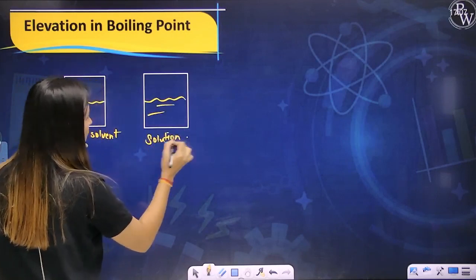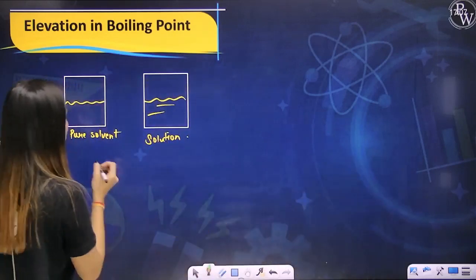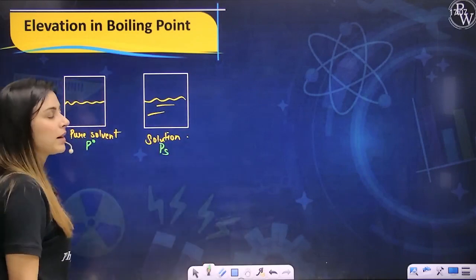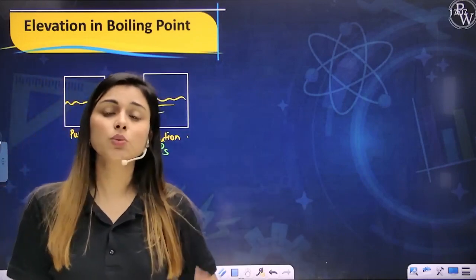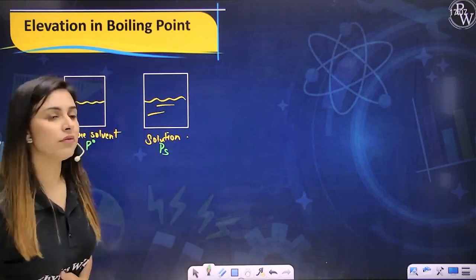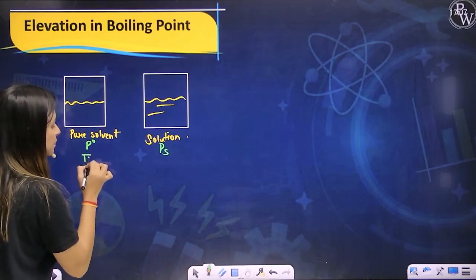Now I know that the pure solvent's vapor pressure is given by P naught, and the solution's vapor pressure is given by PS. Since we are talking about the boiling point, I am giving the expression TB naught.